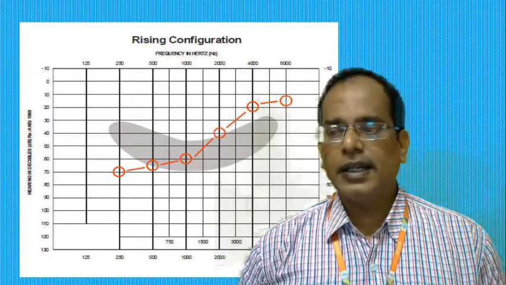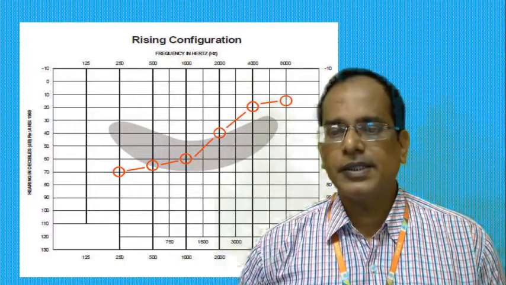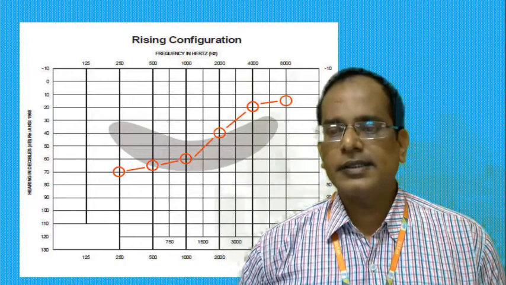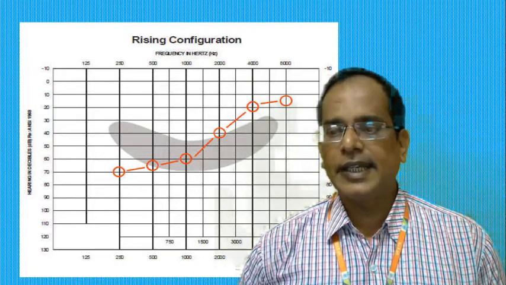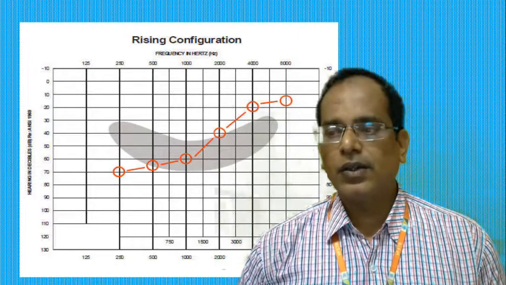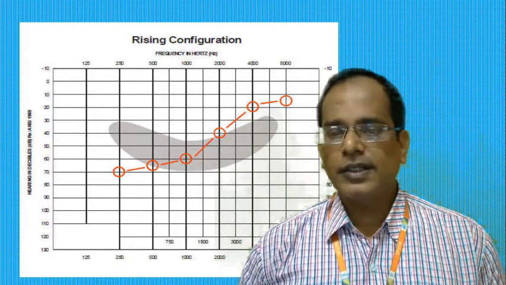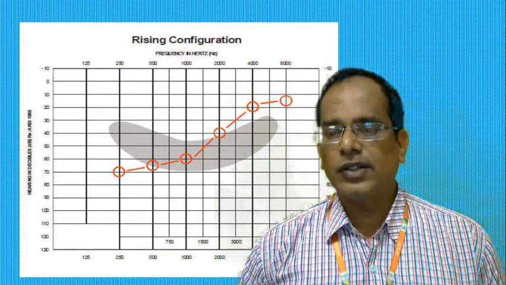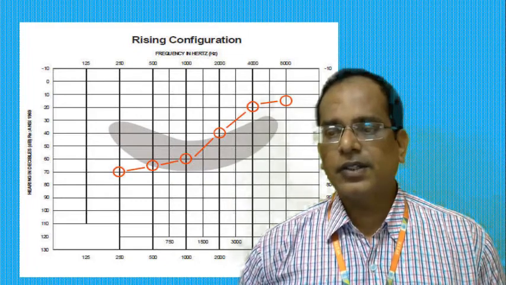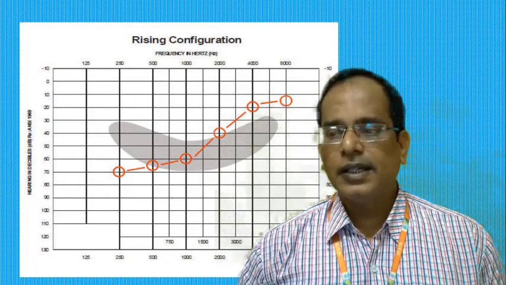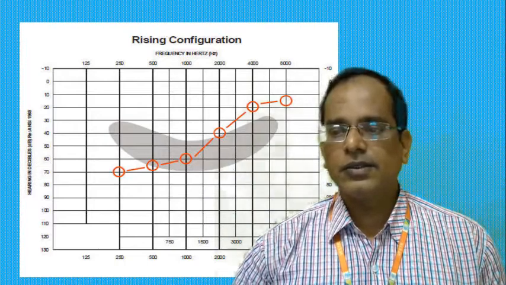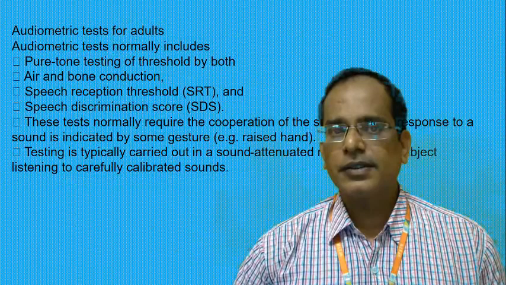Central deficits are tested with speech in noise tests, such as HINT, the hearing in noise test, or the QuickSIN, the quick speech in noise test, where sentences are presented in noise. Everything is measured in the presence of noise.